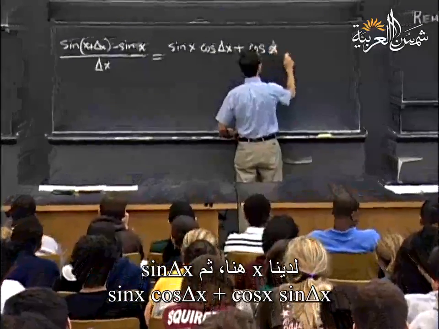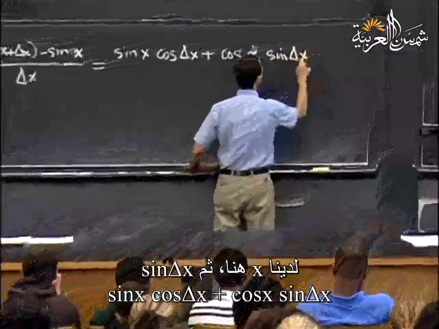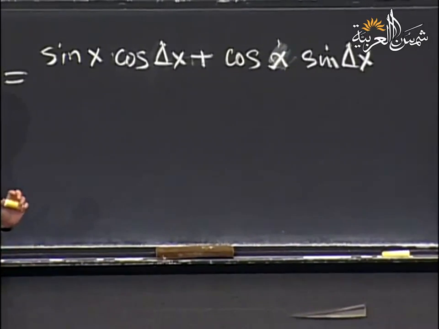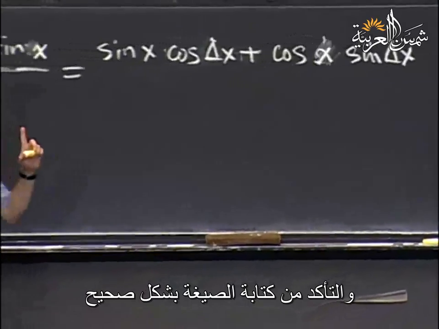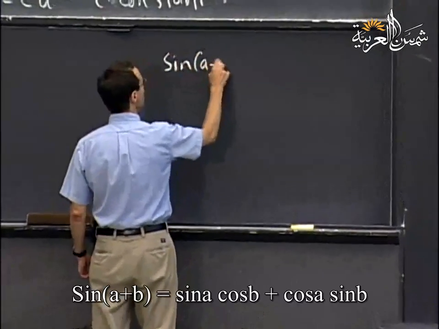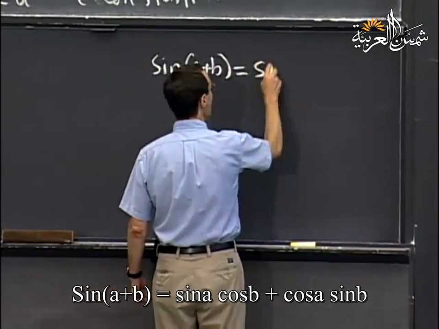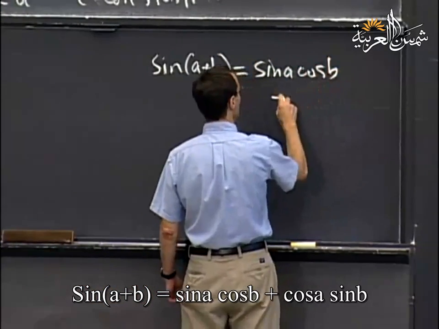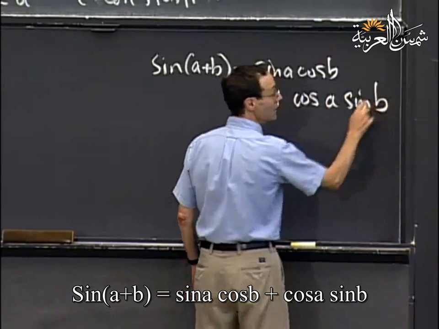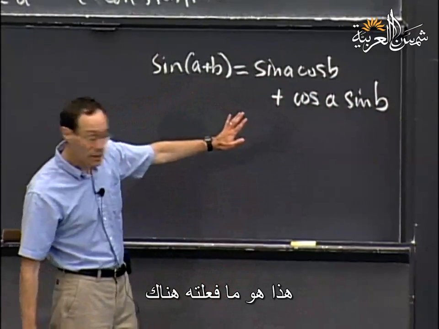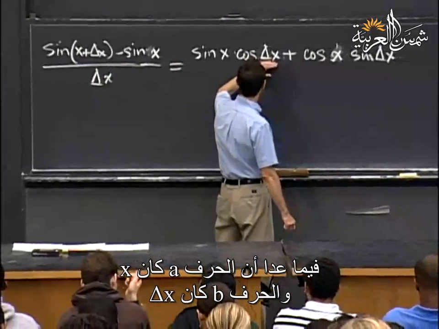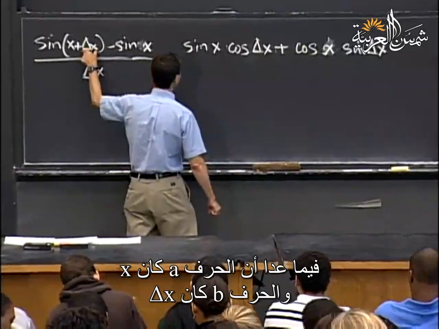So here we go. You've got to do x here, sine delta x. All right? So now, there's lots of places to get confused here. And you're going to need to make sure that you get it right. So sine of A plus B is sine A cos B plus cos A sine B. Now that's what I did over here, except the letter x was A and the letter B was delta x.